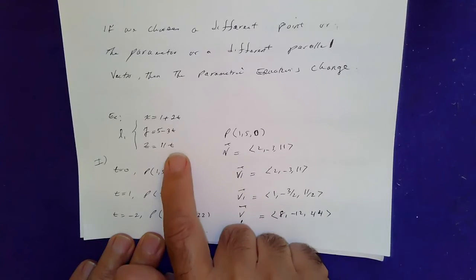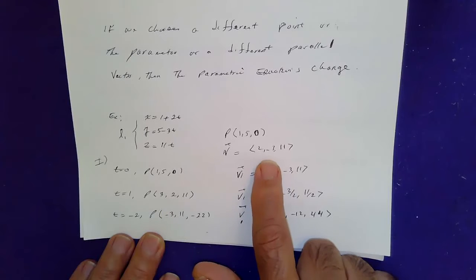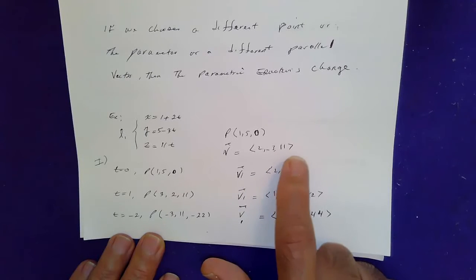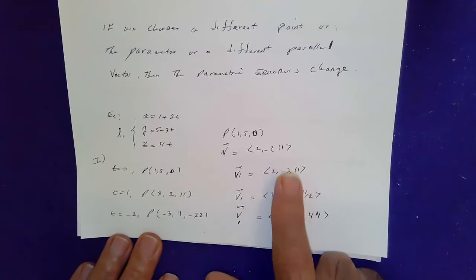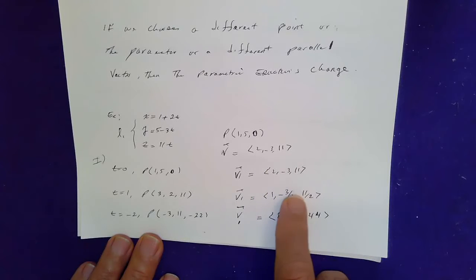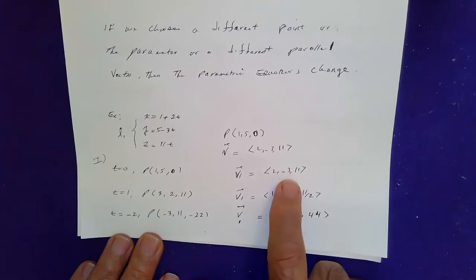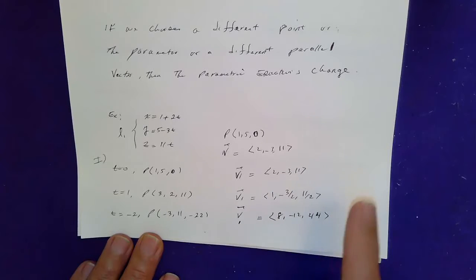Also, the vector parallel to this line is what? 2, negative 3, 11. But any parallel vector to this vector also does the job as far as the equation of the line goes. In other words, I can take half of this, and there goes that vector, which is still parallel to this vector, and it does the job.